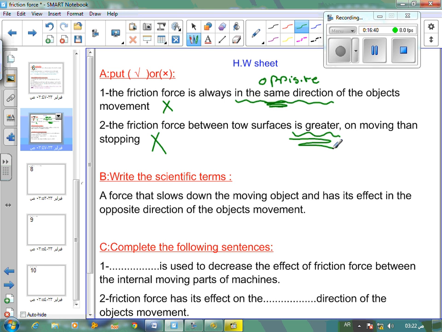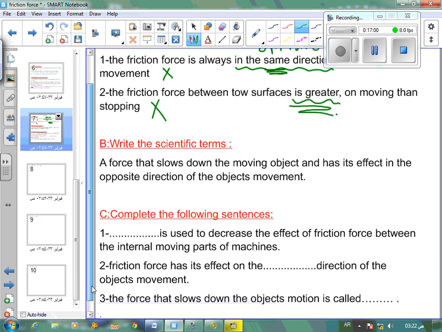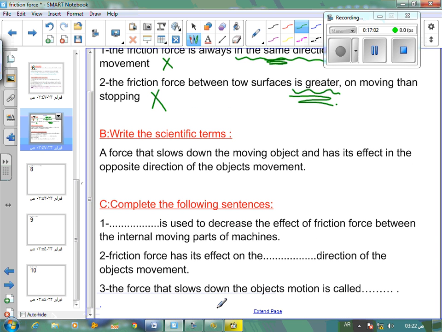This is because the friction force between two surfaces is smaller on moving than stopping. This is because the friction force between any two touching surfaces in case of stopping is very, very big. But in case of moving, the friction force is very small.